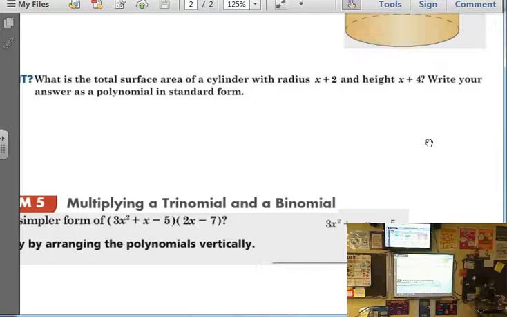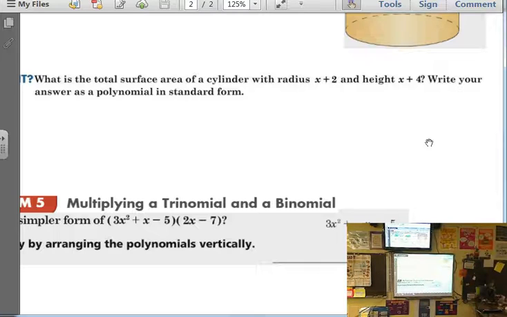Then to multiply these, this x has to multiply by that x and that 1. That 1 has to multiply by that x and that 1. Whether I FOIL it or use whatever method for multiplying, I could use the square method that we talked about, where we square, square, and then multiply these together and double it.